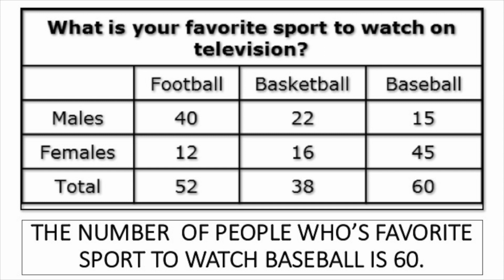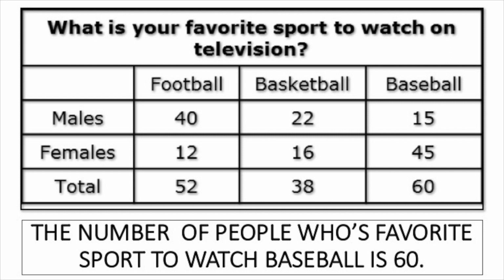So by looking at the different fields, here we've got the sports categories. And then looking across, we've got the males and the females. And like we've already learned, at the end of each category, we've got the totals. For example, what's the total number of people whose favourite sport is football?